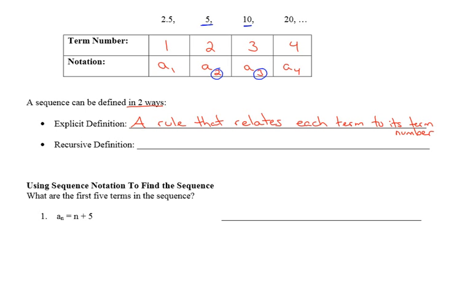The recursive definition is another rule that relates each term, but this time instead of relating it to its term number, it's going to relate it to the previous term in the sequence. So it's going to relate each term to the previous term, the one before it.